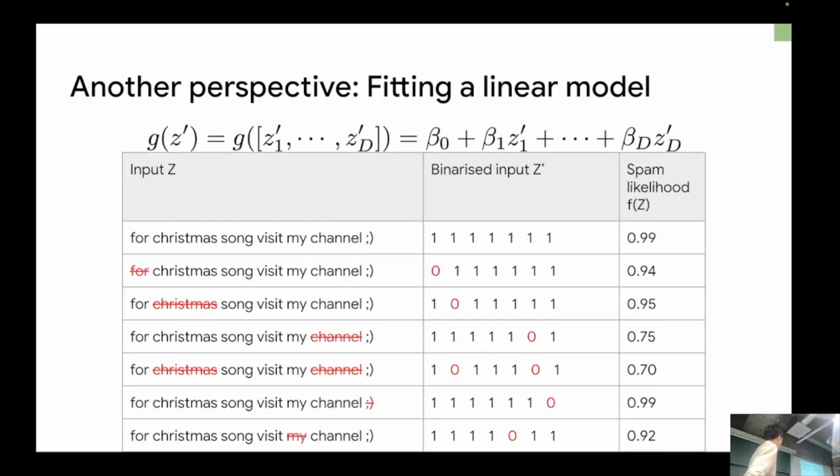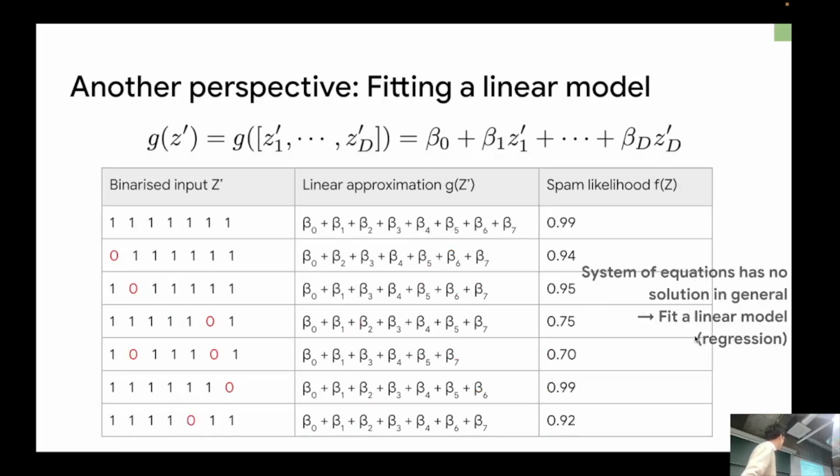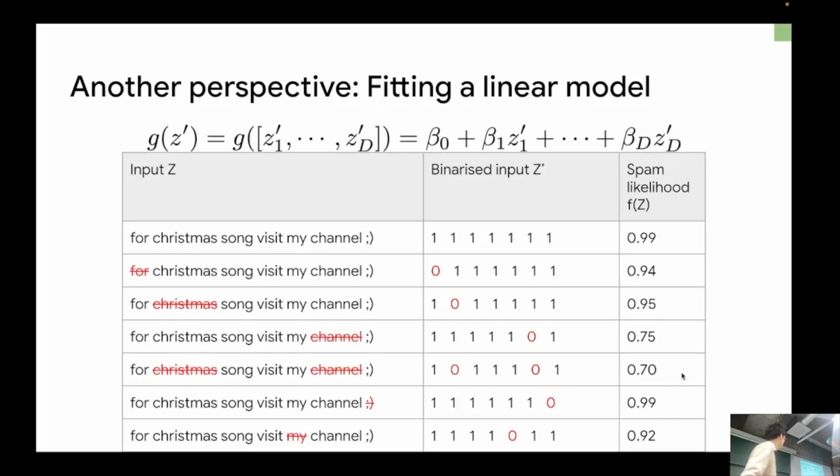But there are not just cases where you can erase single words; you can also erase multiple words, like in this case. If you erase Christmas and channel together, then you have a different number here. And in many cases, they make clashes.